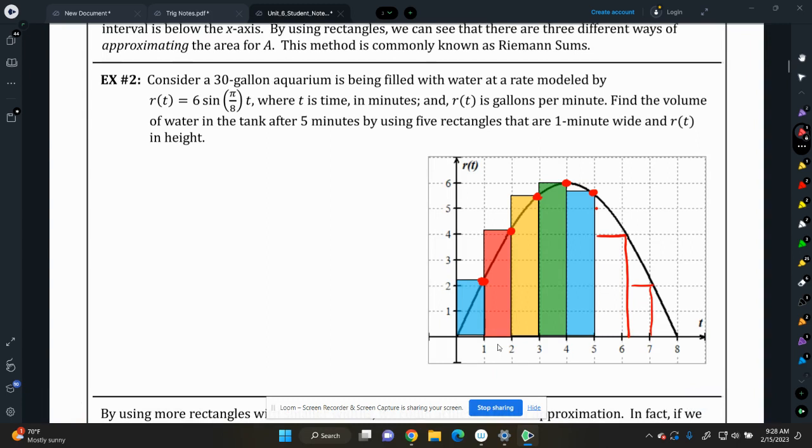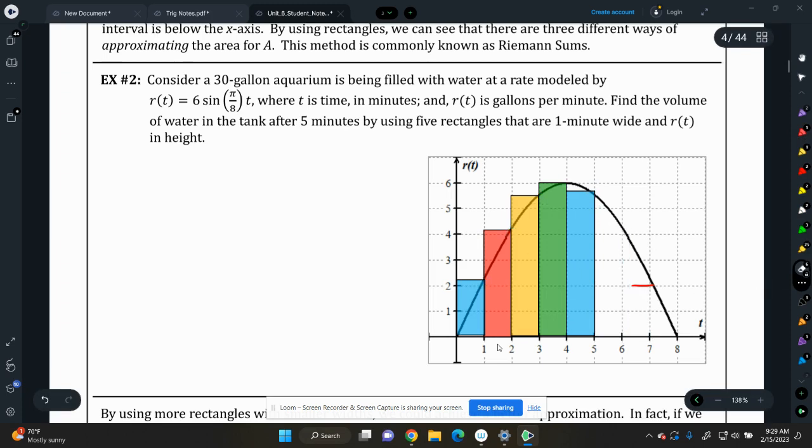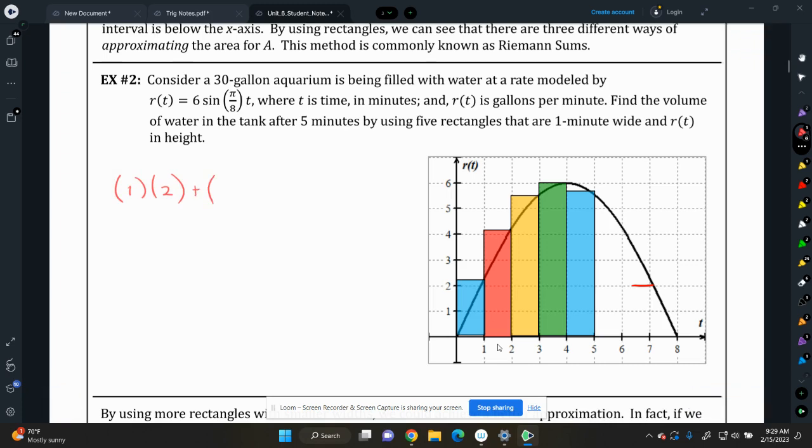Find the volume of the water in the tank after 5 minutes. So I'm only going up to that blue rectangle there. Each one is 1 minute wide. So we're going to find the area of each rectangle. The first rectangle has a width of 1 and a height of 2. The next rectangle has a width of 1. They all have a width of 1 in this example.